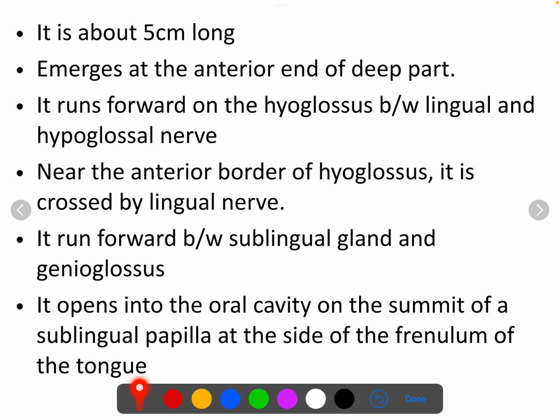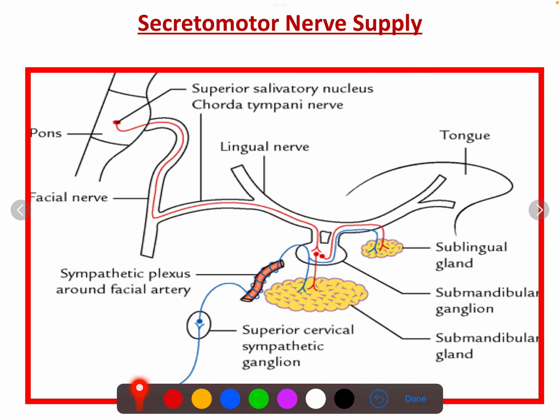The next one is the secretomotor nerve supply. The preganglionic parasympathetic fibers originate from the superior salivatory nucleus in the pons. They travel through the facial nerve, leave it, and are carried through the chorda tympani nerve.